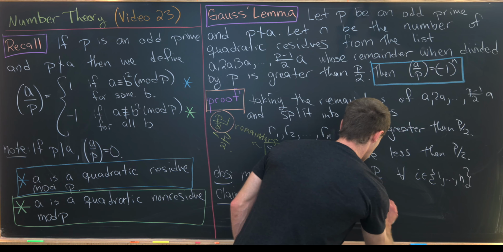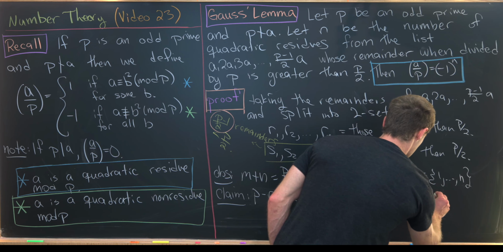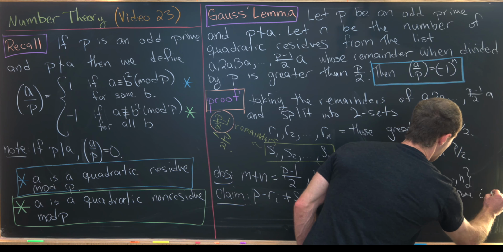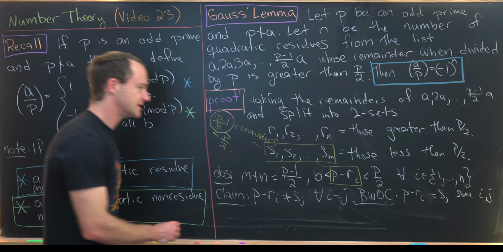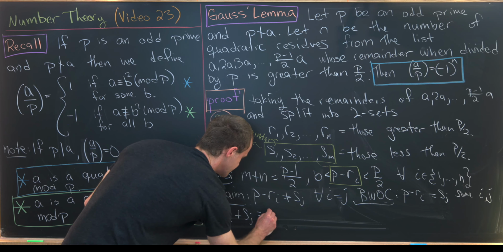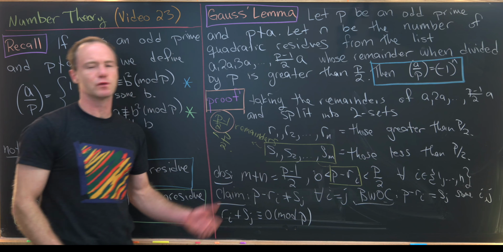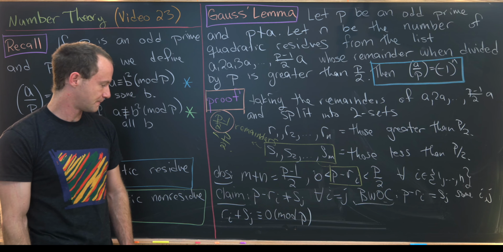So by way of contradiction, let's suppose that p minus r_i is equal to s_j for some i and j. Okay, but notice that means that r_i plus s_j is congruent to 0 mod p. Well, it's in fact equal to p, but p is congruent to 0 mod p, so we're good there.